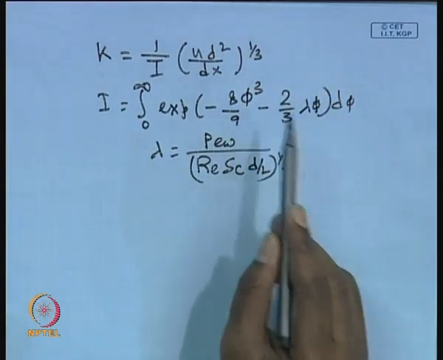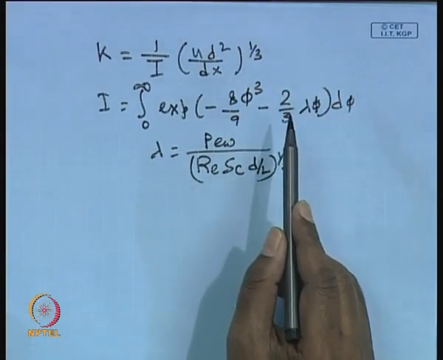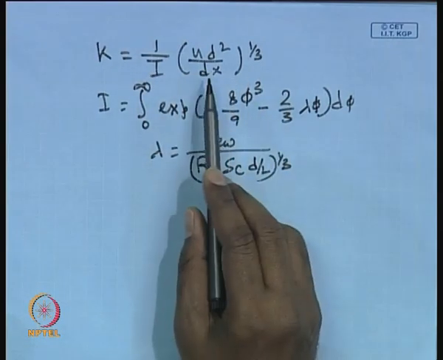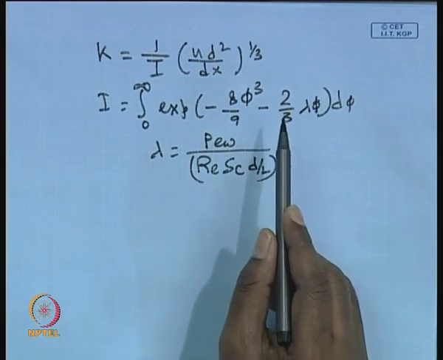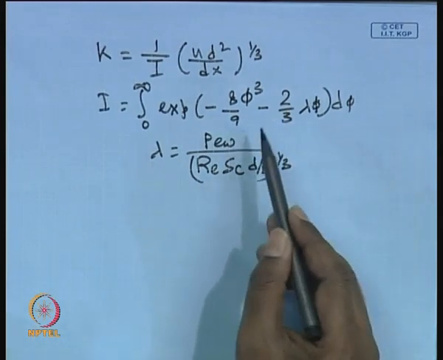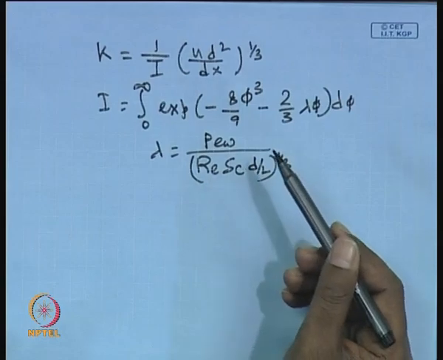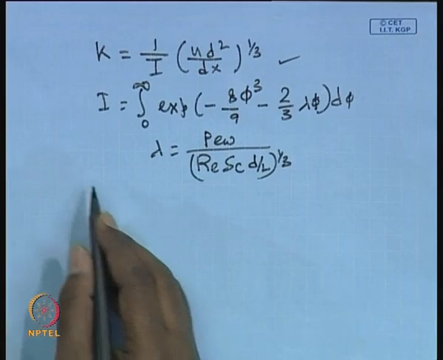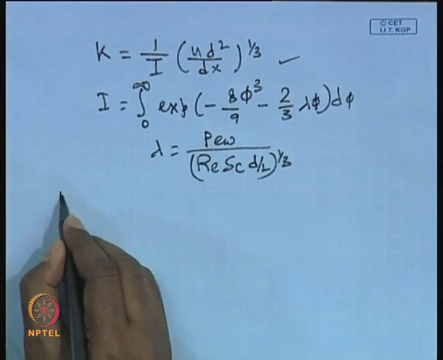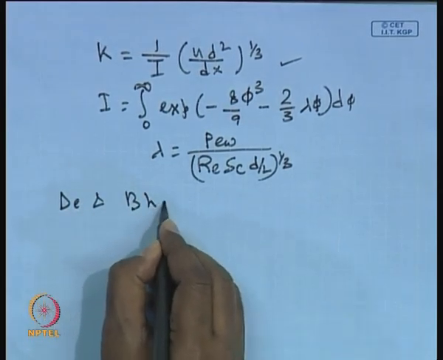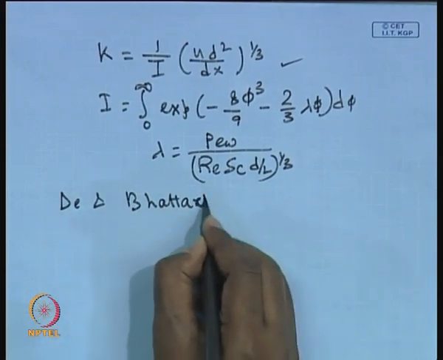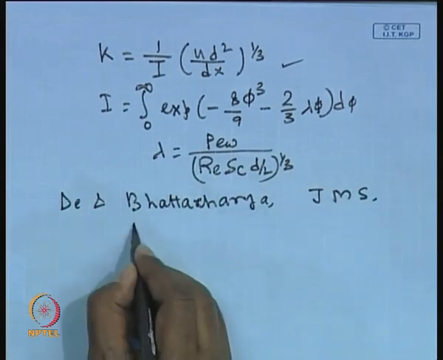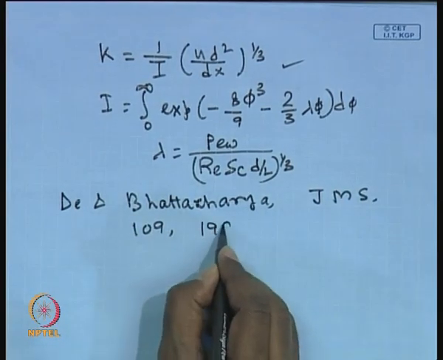In fact, we have carried out the similarity solution for the rectangular case, and we derived the expression of mass transfer coefficient, and you can carry out the same analysis in a tubular module under the laminar flow conditions, and then you will get this expression. In fact, if you are really interested, you can look into the reference of Day and Bhattacharya, Journal of Membrane Science, volume 109, year 1997.